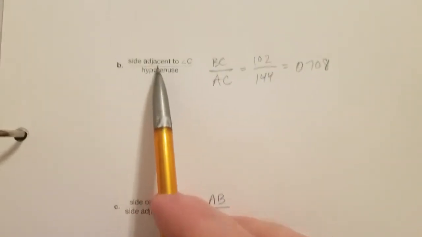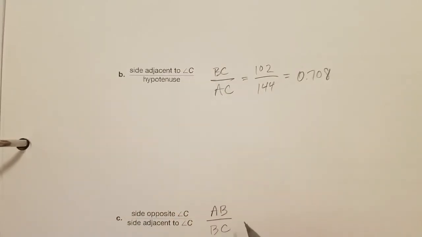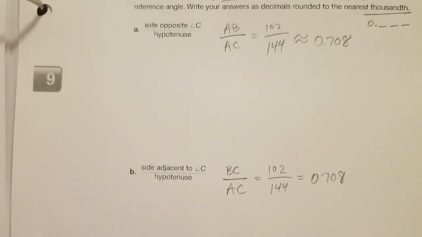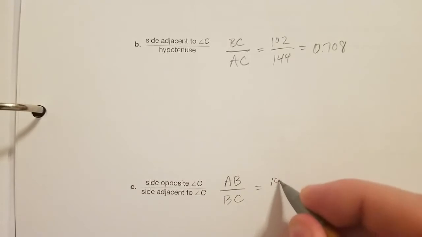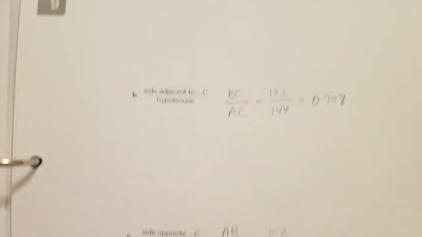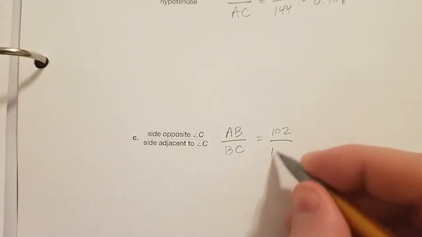And I know from up here, the side adjacent was BC. So I know from up here that AB was 102. So I'm going to put 102. And I know that BC here was also 102. So I'm going to put 102 here.